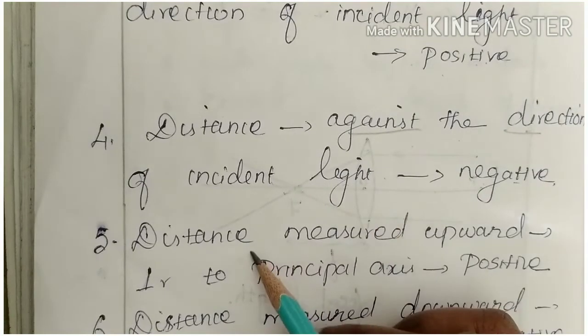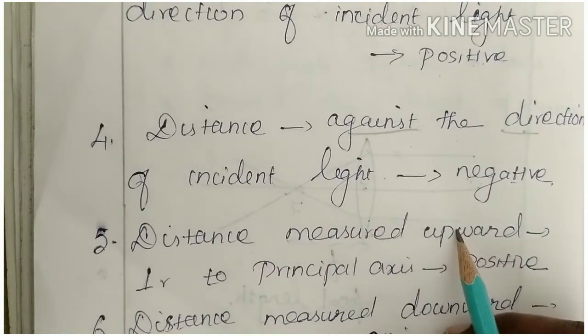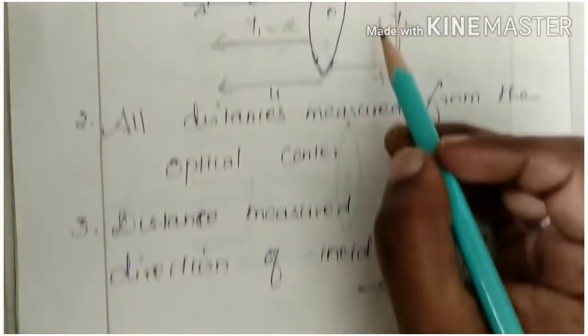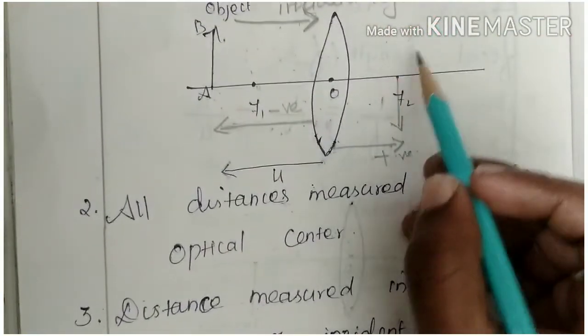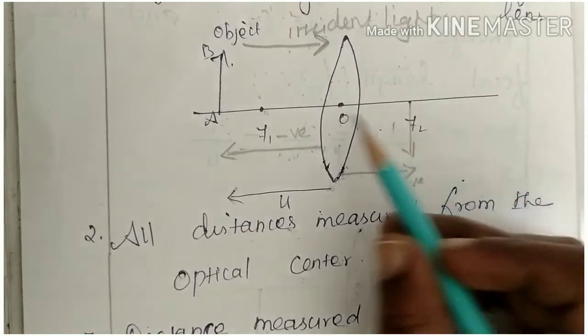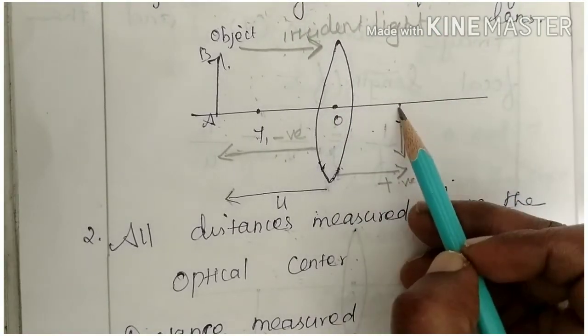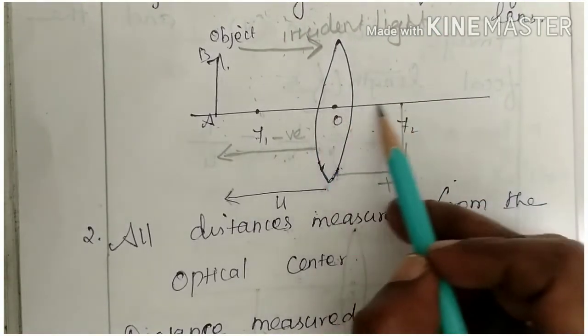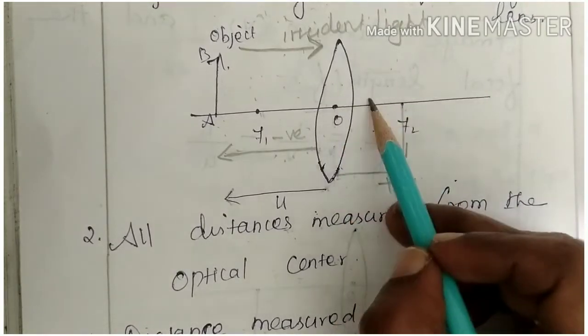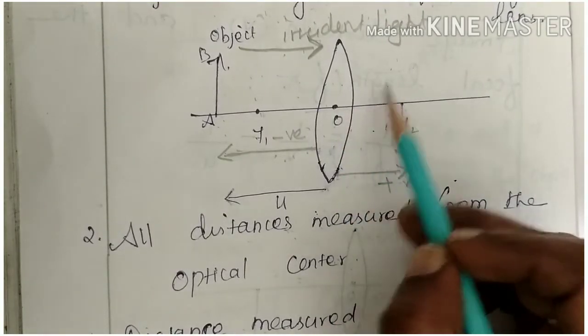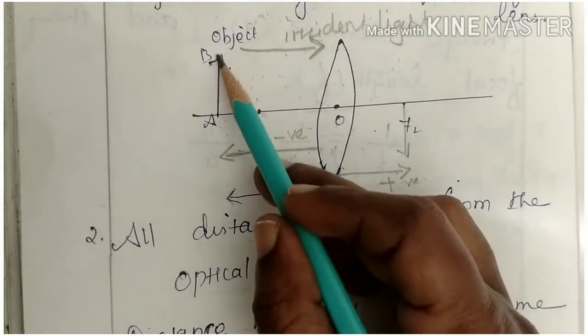The next point is distance measured upward. Listen here, this direction: distance measured upward from the principal axis. This is the principal axis. Maybe here this is the object.